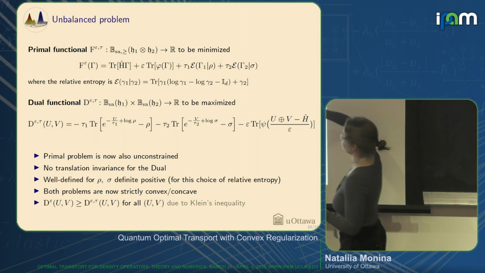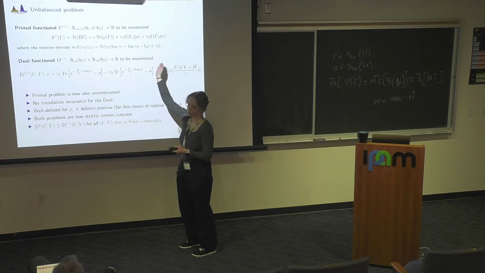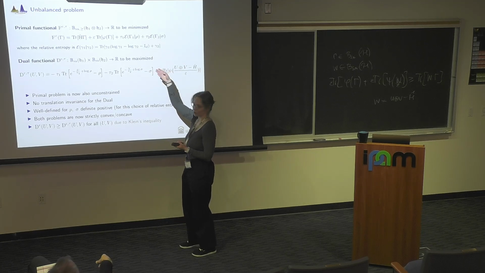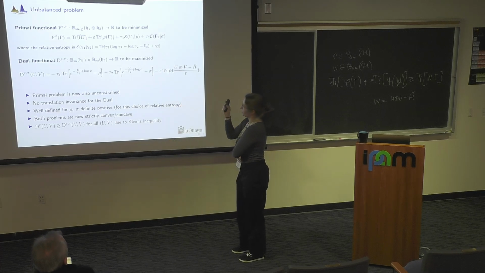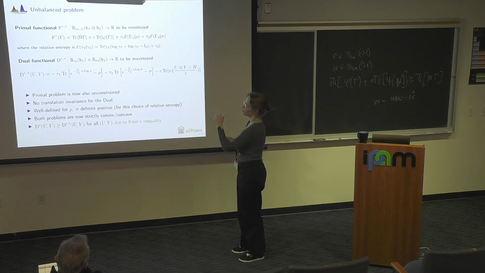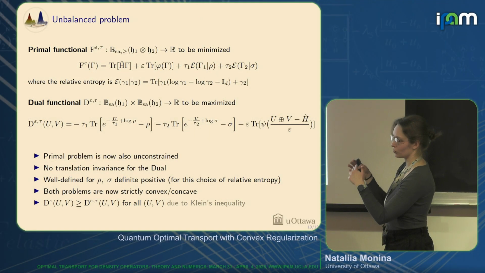So you might have seen the definition of relative entropy without these terms, but it's because they have trace equal to 1. If we include this, then we can formulate the primal functional for not only density matrices. Especially, this is sort of the correspondence to the classical case.